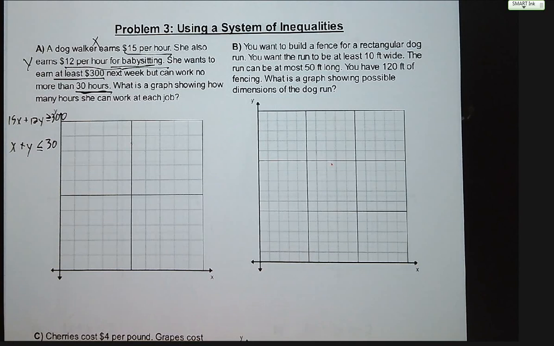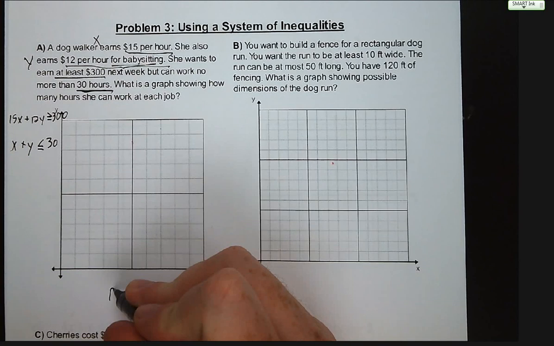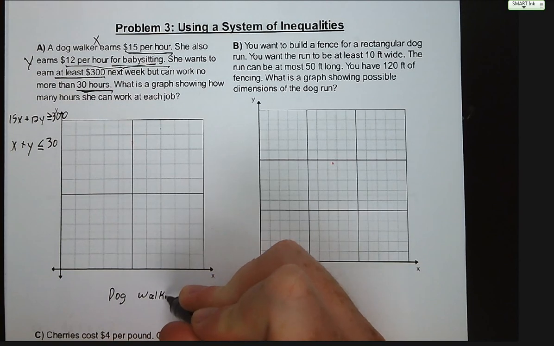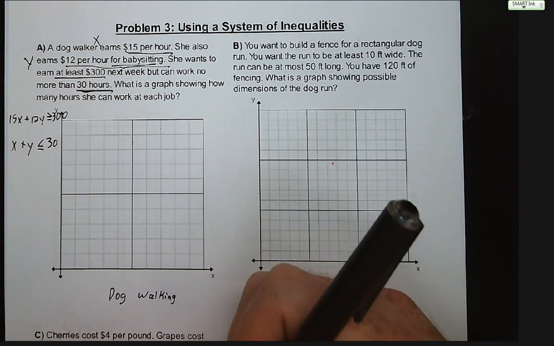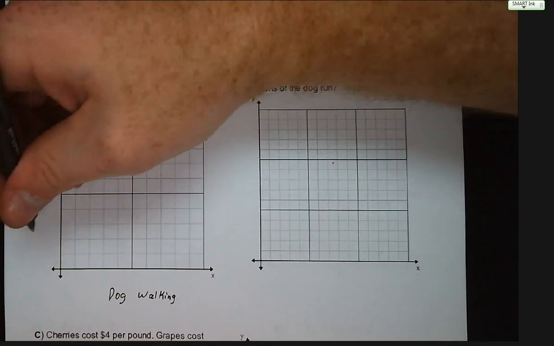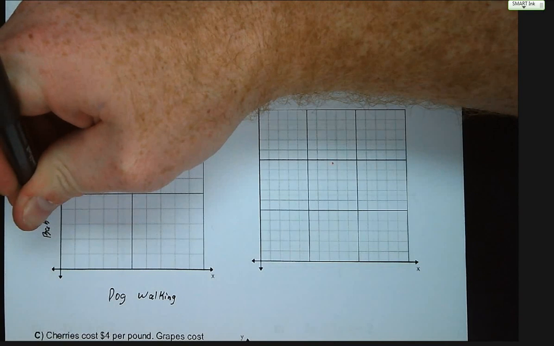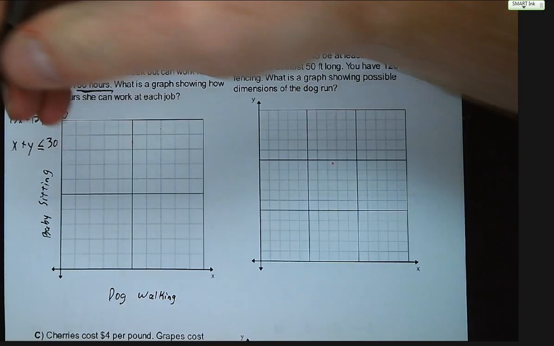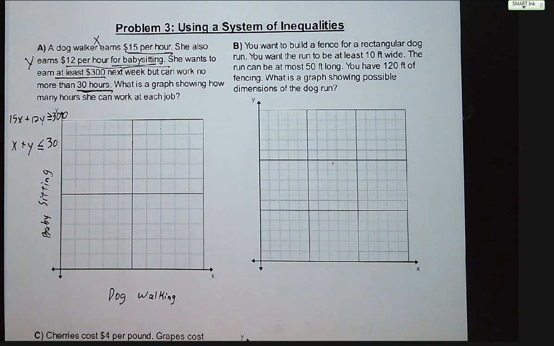All right, so we need to set up some graphs. We need to label things. So we said dog walking was our X, and we said that babysitting was our Y. And we need to put some scales on.